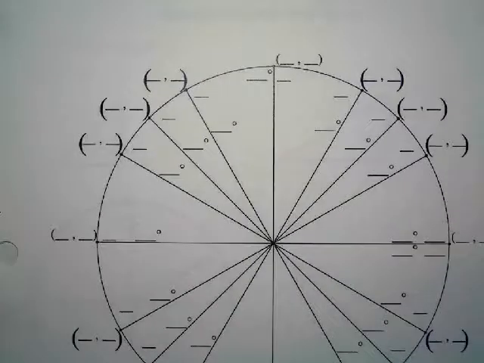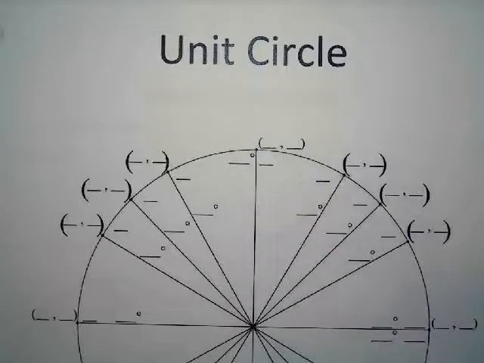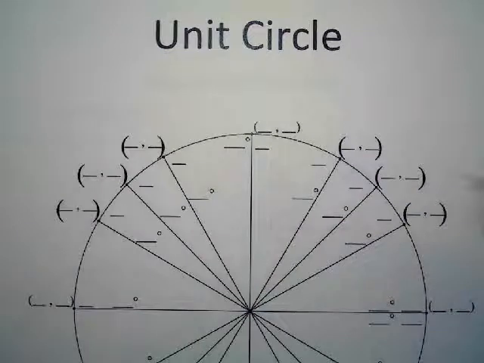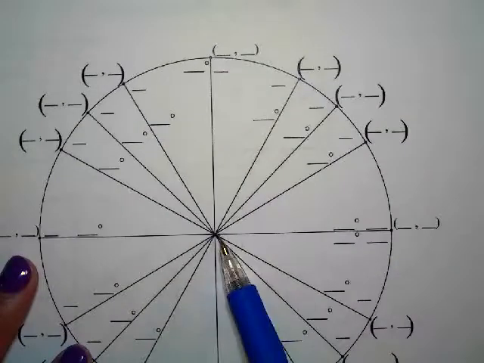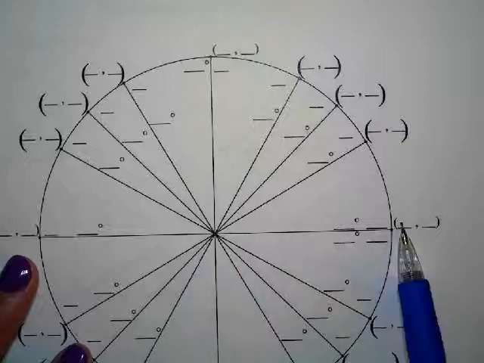So the first thing is a unit circle has a radius of 1. That's why they call it a unit circle. And so the easiest x and y coordinates to fill in are going to be the ones that are on the quadrant lines. So from here, if this is 0, 0 right in the middle, we can go to the right 1.